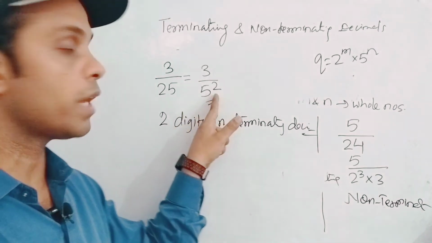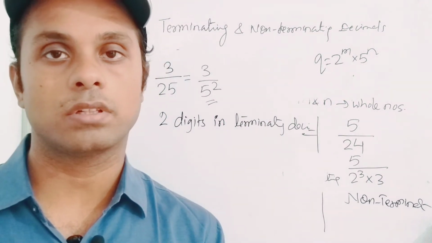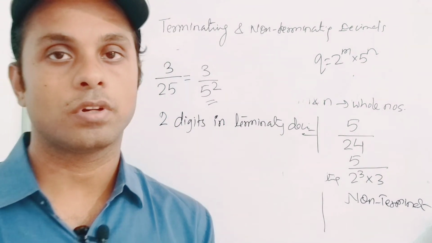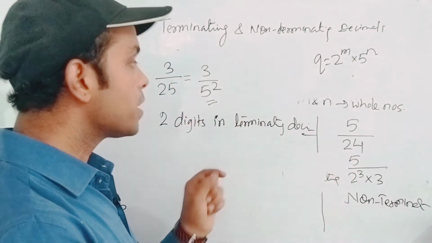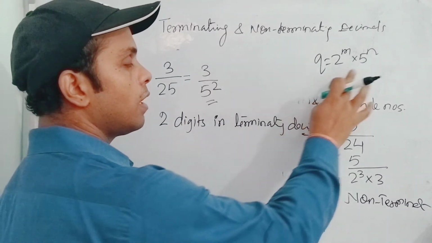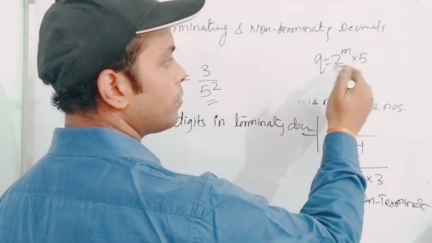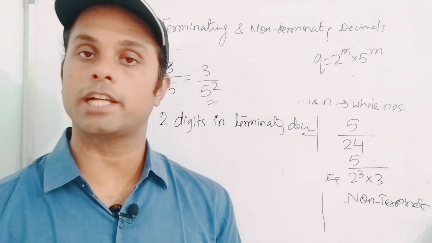Here 5 square is there, but there is no prime factor 2. So what to do? And their powers must be the same here to decide the number of digits. Means both the factors must be with equal exponents.